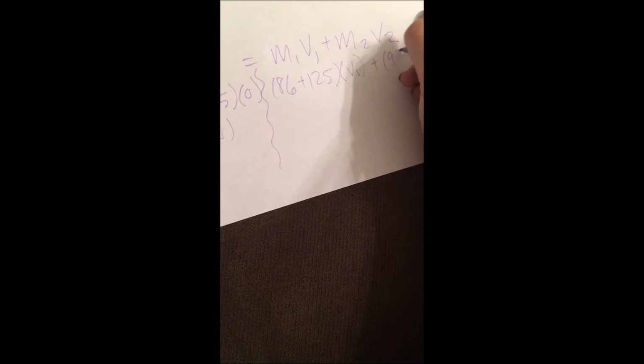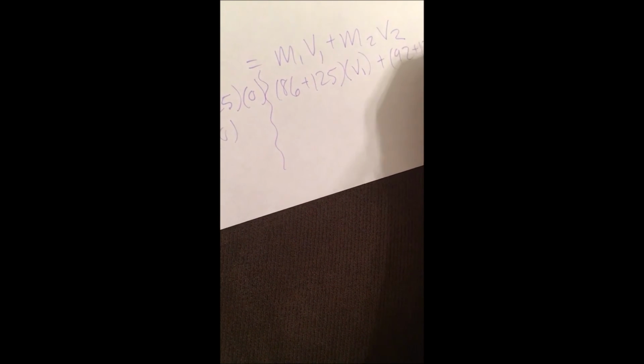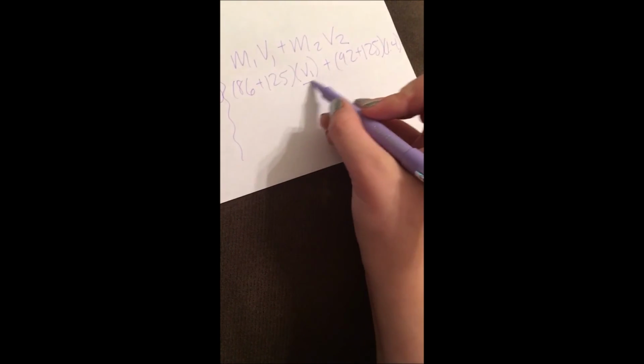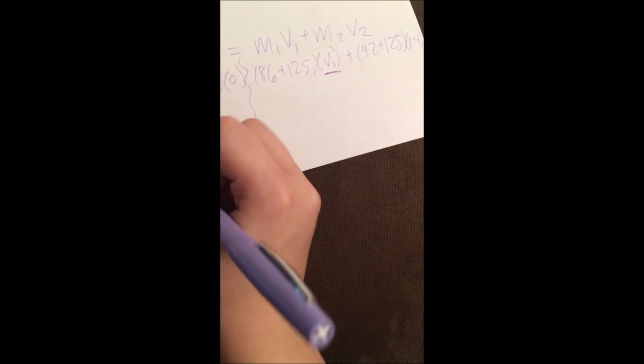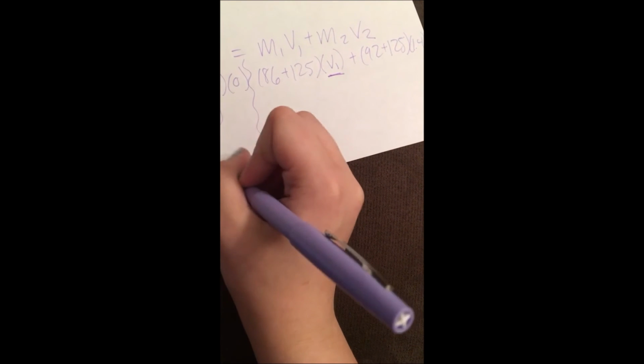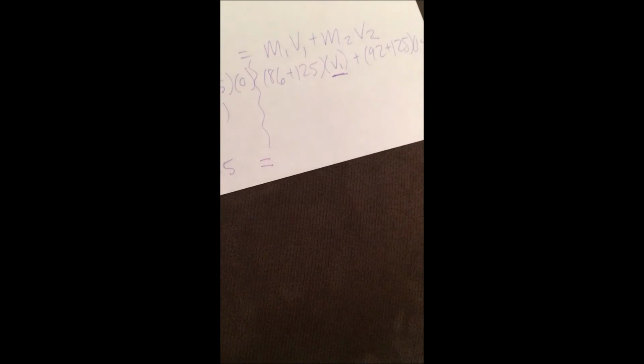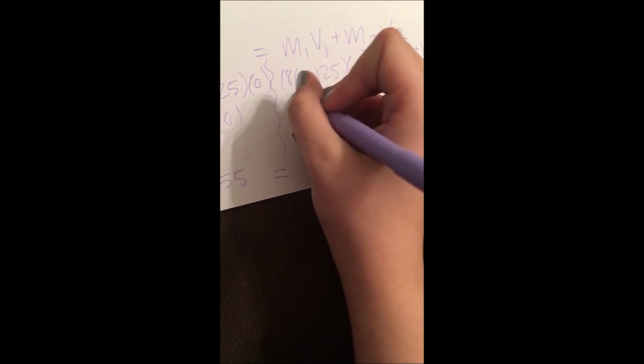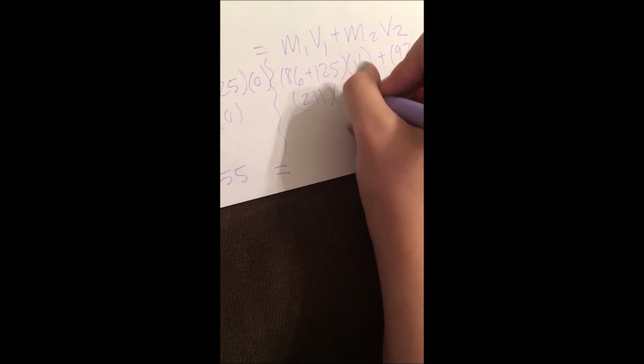And this person is going at a speed of 1.4 meters per second. So we need to solve for v. This side equals 527.5. So we know that these added up is 211, and this is v1.